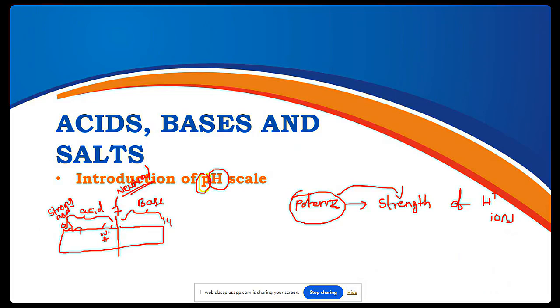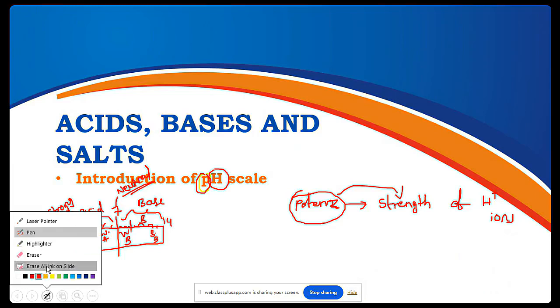And here from 8 to 9, above 7, weak base, and 12, 13, 14 come under strong base, and the remaining portion is just base and just acid. Okay, keep it in mind, and we'll see the solutions with color and then their pH value. Okay, we'll move to the concept of the pH scale.